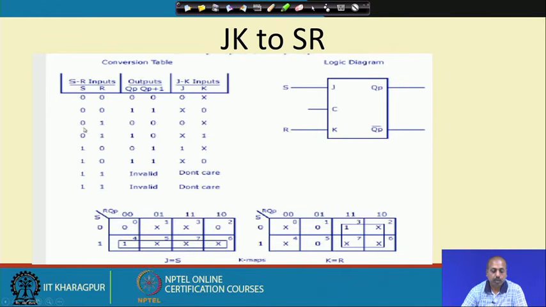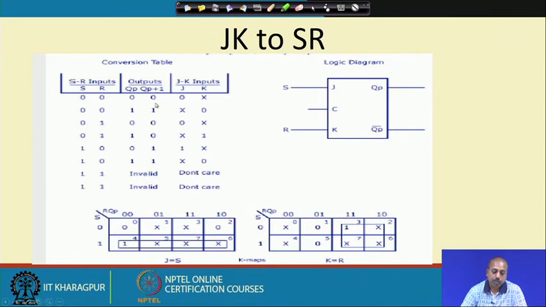If it is 0 1, then whatever be the value of QP, QP plus 1 will be equal to 0. Similarly, for 1 0, whatever be the value of QP, the output will be equal to 1. And for an SR flip flop or SR latch, we do not apply this 1 1. So, these two are not put, and for JK we can simply consider them as don't cares.